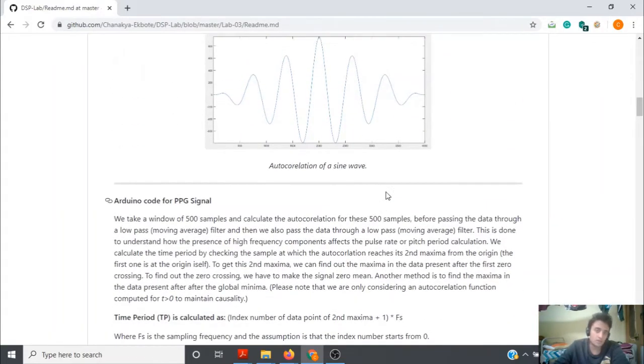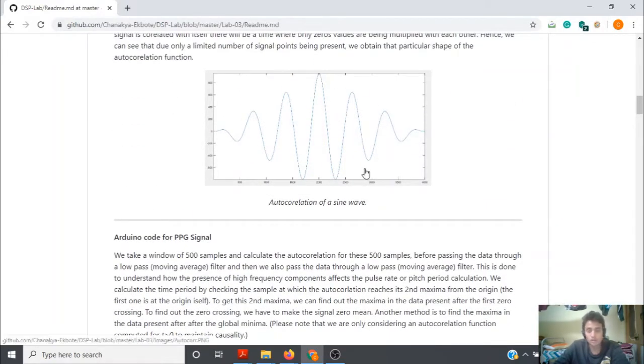Now, how would we actually get this? Once we calculate the autocorrelation, we need the second maxima, because once we have the time value where we got the second maxima, we can subtract it from the 0 point and easily get the time period. So after finding the first maxima, we try to find the points of zero crossing by normalizing it.